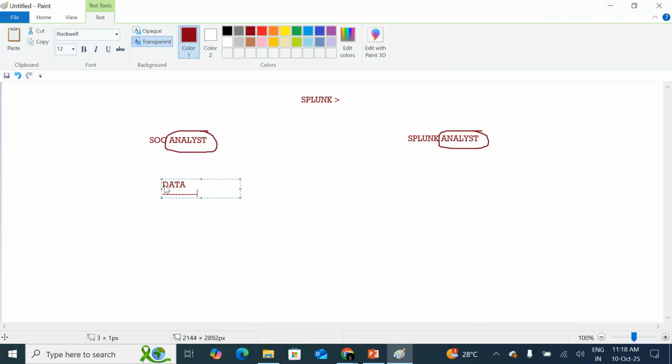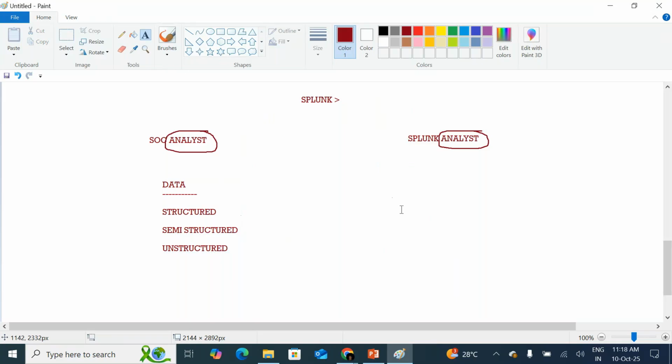Data types are structured, semi-structured, and unstructured. We'll talk later about the data, whatever it may be.